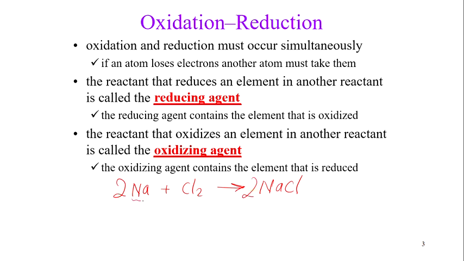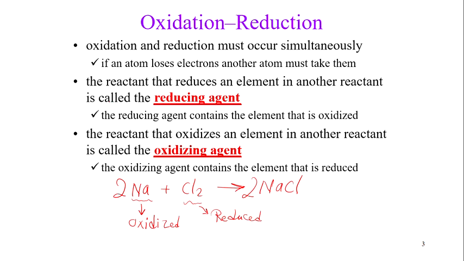So metal, non-metal. Metals lose electrons, so they attend in the oxidation reaction. We call them oxidized. And non-metals gain electrons, they attend to the reduction reaction, so we call them reduced.